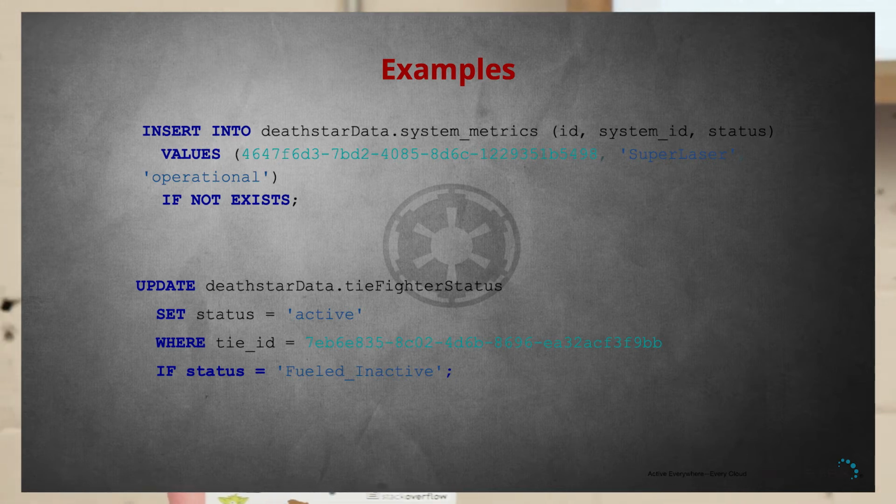And if something were to happen, like some rebel scum were to creep in and blow that TIE fighter up at the exact time we were trying to set it to active, and so we have a conflicting piece of information hitting our database saying, oh, this is actually an inactive TIE fighter or a destroyed TIE fighter, we would want that to be taken into account. So whichever message gets there first will be the one that gets written.